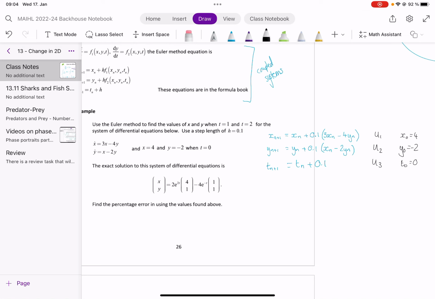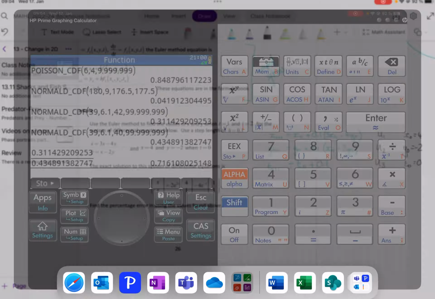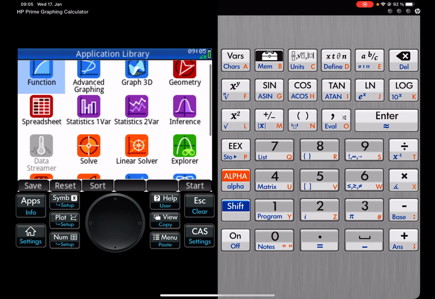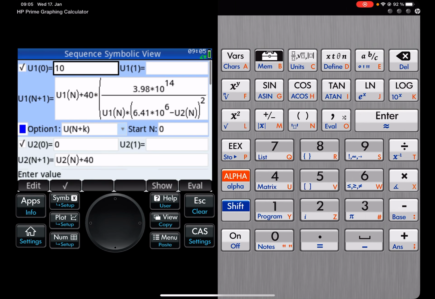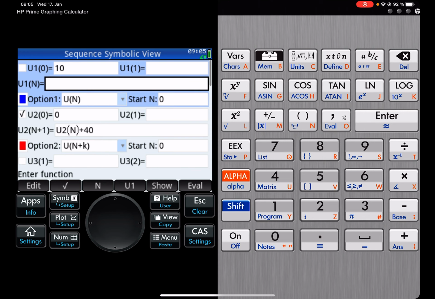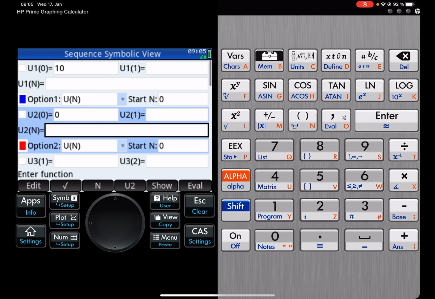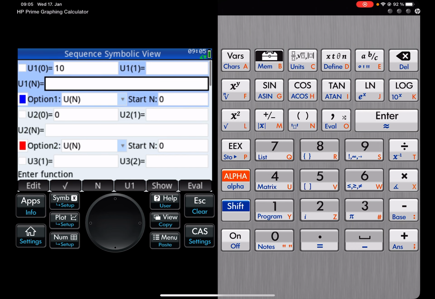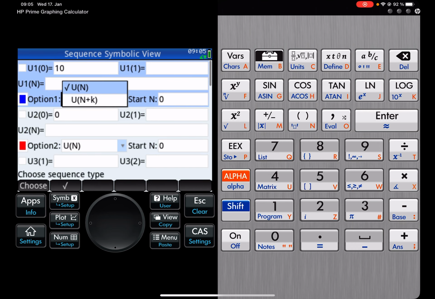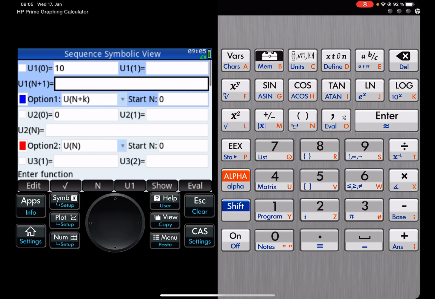Okay, so I've got all that. My next job is to put this into the calculator app. So I'm looking at the sequence app. I've got a load of stuff in here from probably when we were last doing integral calculus. Okay, so let's start. U1 I said was going to be, oh, I need to make sure this is n plus k, so it looks more like our formula guide.